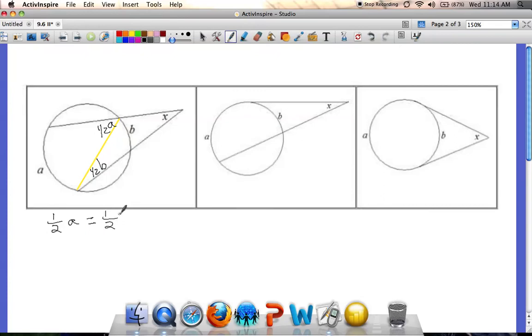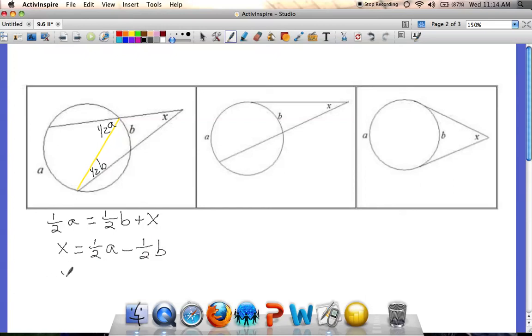So it would be 1/2 B plus x. Again, we want to solve this for x, get x by itself. So x equals 1/2 A minus 1/2 B.